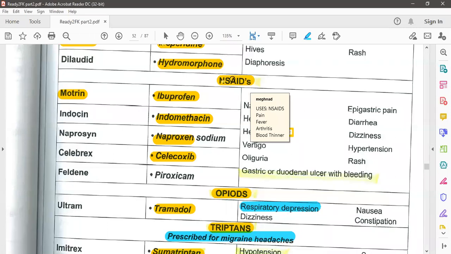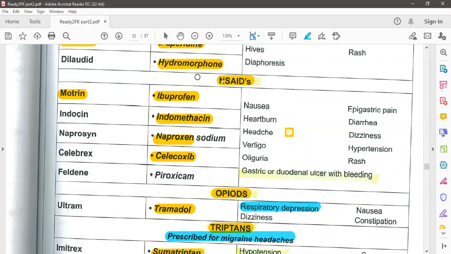It can reduce the high body temperature. We can use it for the fever. It can be used to reduce arthritis pain like gout or rheumatoid arthritis. Also, they have a property to reduce the inflammation. Okay, that is a common use.